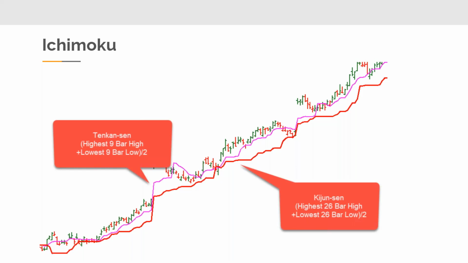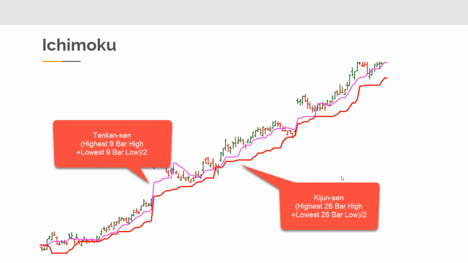If I wanted to calculate what the Tenkan-san is, it's going to be this purple indicator on the chart. To calculate it, you'll look at the highest high that you've had in the last 9 bars, and then you'll also look at the lowest low you've had in the last 9 bars, add those values together and divide by 2, and the result would be the Tenkan-san, or this purple line here.